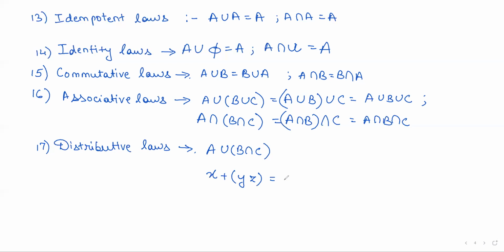In the distributive law of algebra, you used to write x plus y into x plus z. Similarly, you will have to write over here A union. A is united with two values, B and an intersection of the other value. So it will be exactly the same: A union B in one bracket, intersection, A union C.